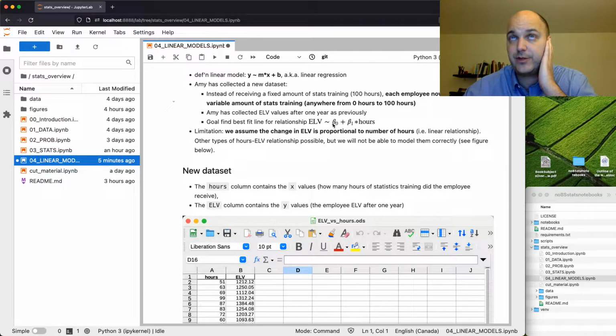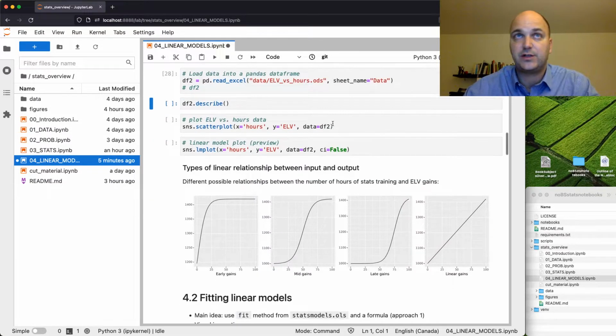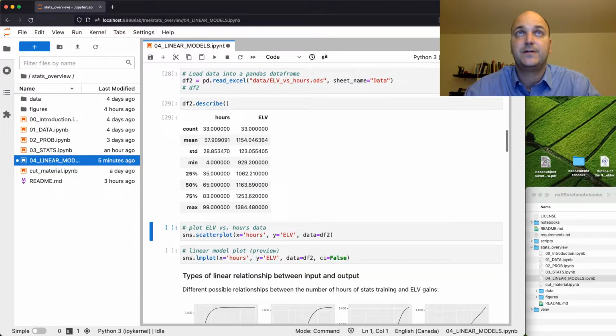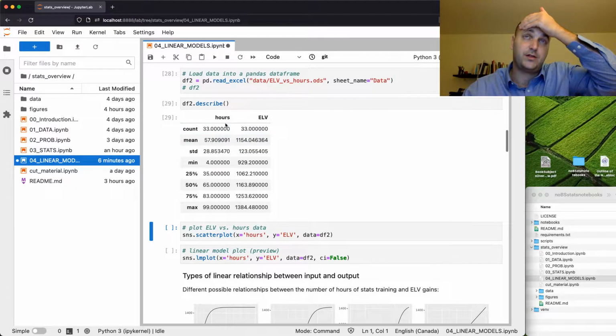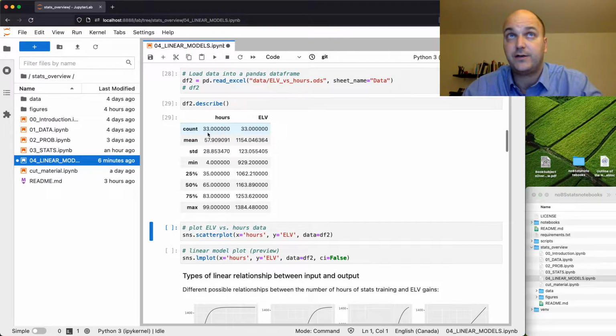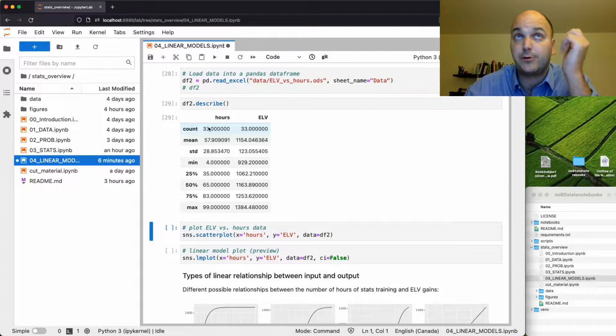But first let's do the data part where we just get the statistics. There are 33 rows, 33 employees. The average number of hours is almost 58, and the average employee lifetime value is 1,000. So this is somewhere in between what we saw before.